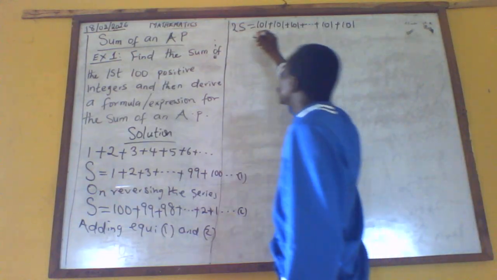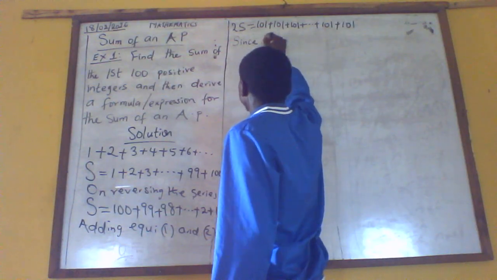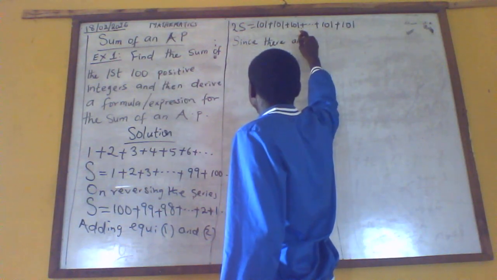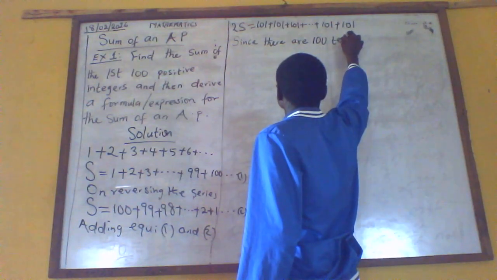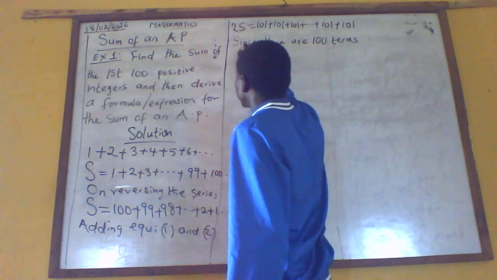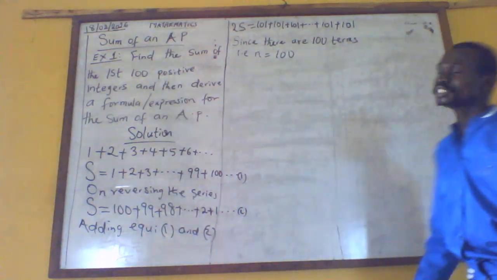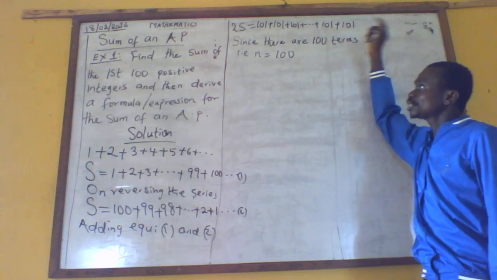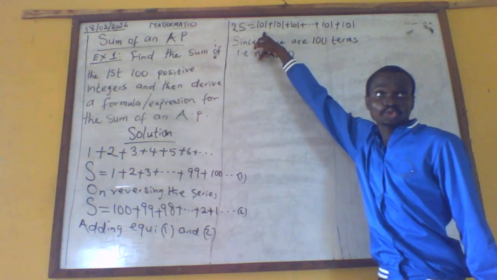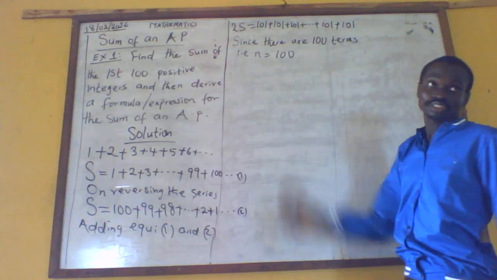So since there are 100 terms, that is n equals 100, instead of adding 101 plus 101 plus 101 in 100 places, we can just multiply 101, that is the first term, with 100. Is that not it?